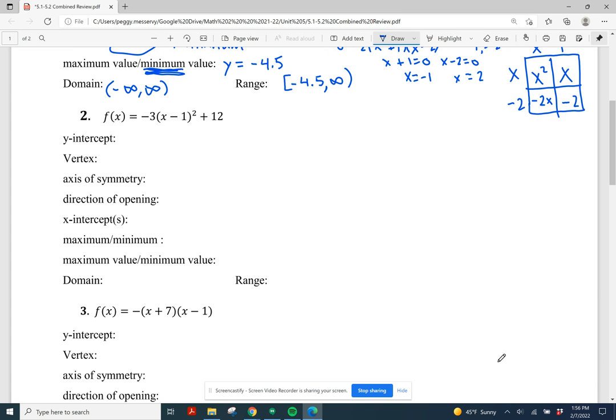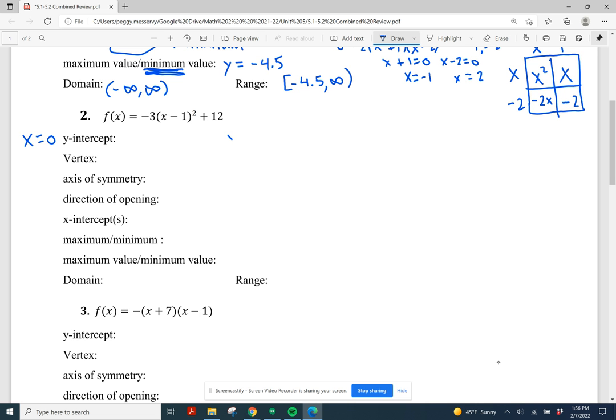Number 2, we're going to do something similar to find x-intercepts. Okay, so number 2. Notice this one is in vertex form. Remember, to find the y-intercept, we set x equal to 0.